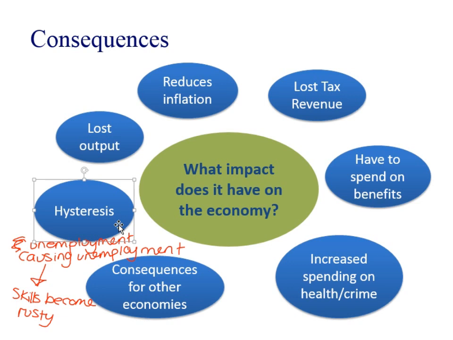And the way that this happens, according to OCR at least, is that skills become rusty. So the longer you're unemployed, the more likely it is that you'll remain unemployed, because if you've been out of the game for a while, people maybe don't think that you've got the skills, and the new skills haven't been updated, so that can actually cause unemployment.